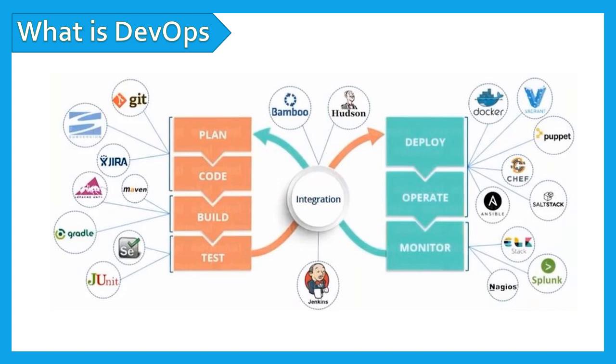Everything, starting from coding, testing, deployment, monitoring, is happening continuously. And these are the various tools involved in the DevOps methodology. Not only is knowledge of these tools important for a DevOps engineer, but also how to use these tools, how I can architect my software delivery lifecycle such that I get the maximum output.